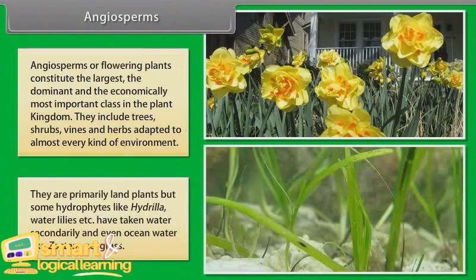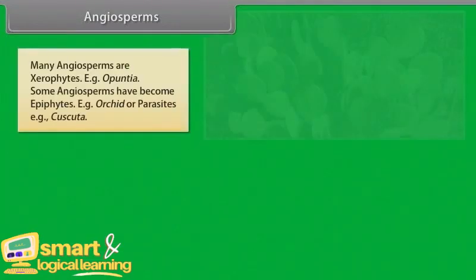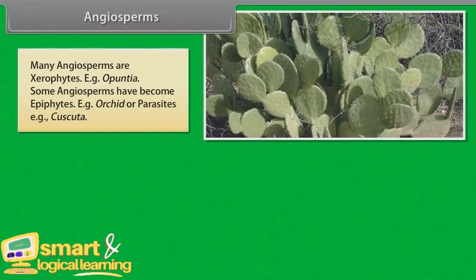They are primarily land plants, but some hydrophytes like Hydrilla, water lilies, etc. have taken to water secondarily, and even ocean water like Zostera, eelgrass. Many angiosperms are xerophytes, example, Opuntia. Some angiosperms have become epiphytes, example, orchid, or parasites, example, Cuscuta.